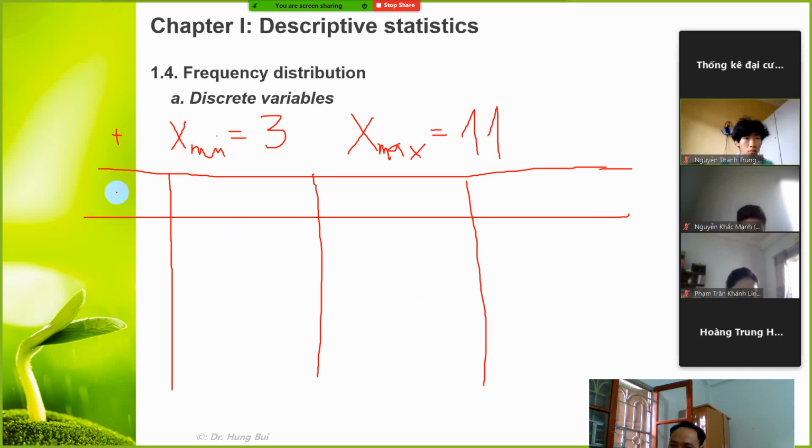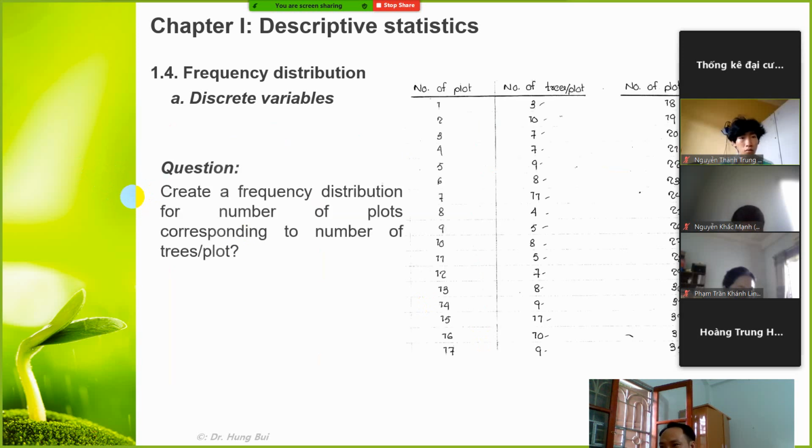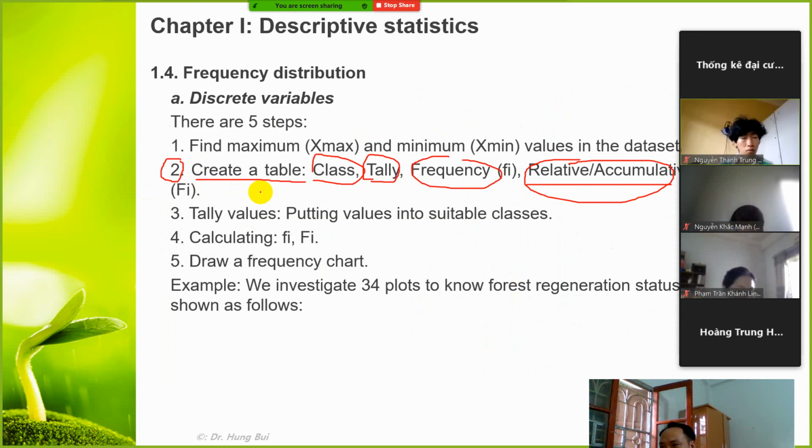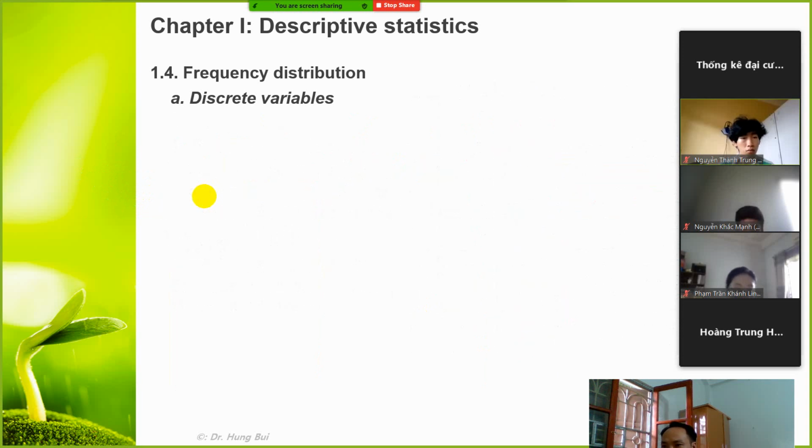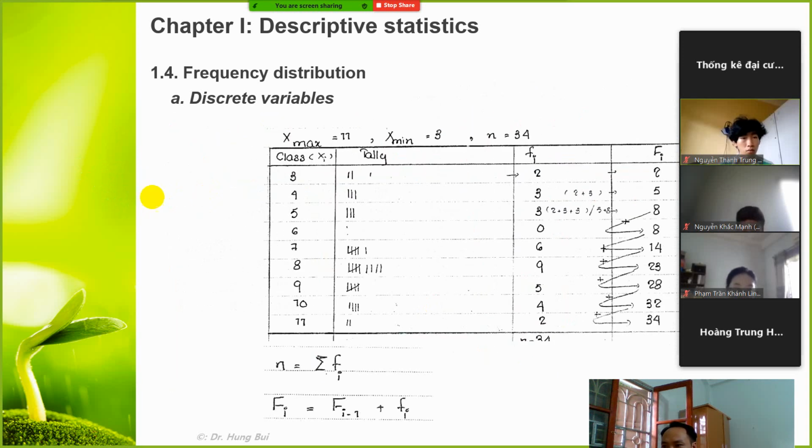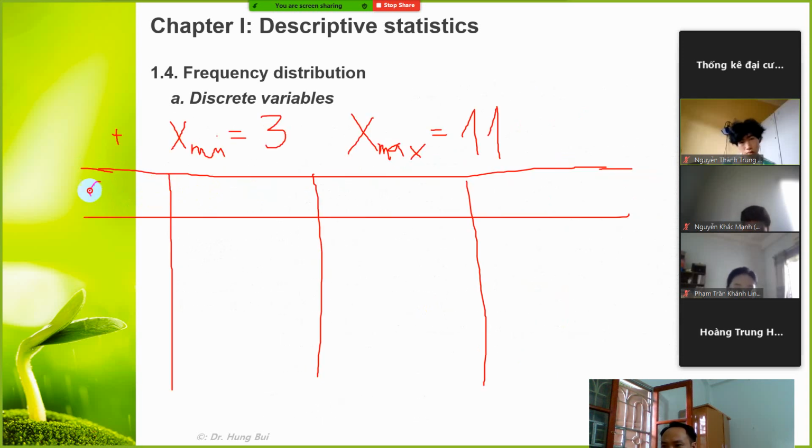Make a table. The first column is class. So write here class. And the second column is tally.